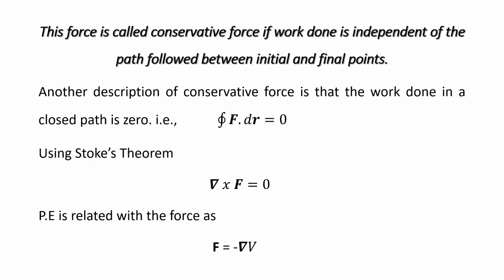That means the force exerted by the force field always tends to lower the energy and will act to reduce the potential energy. The negative sign shows that if the potential energy V increases with increasing r, the force will tend to move it toward a smaller r to decrease the potential energy. That is the description of the negative sign here.